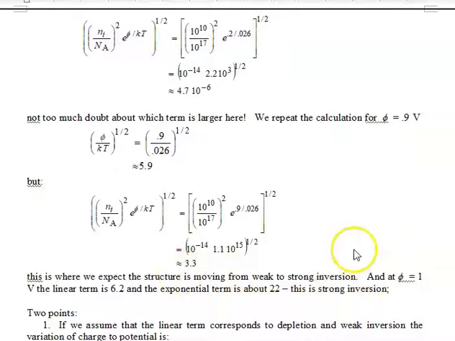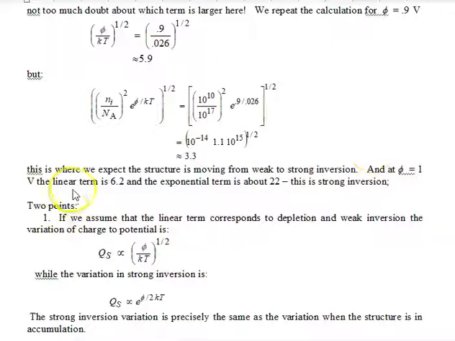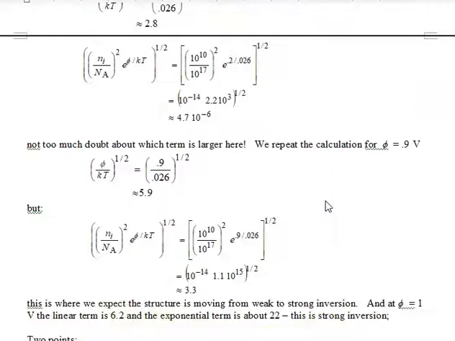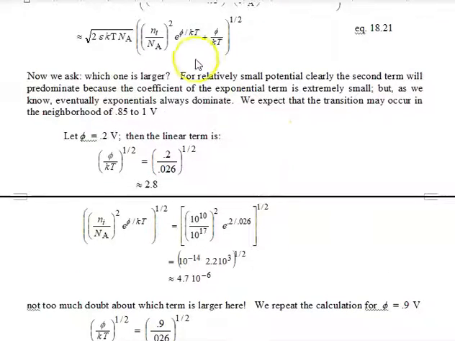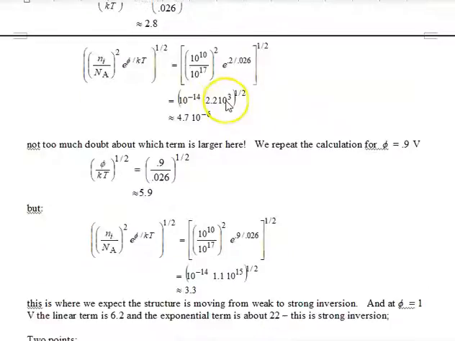And if we go above 0.9 volts for the band bending, then we get a situation where the exponential term at 22 is much greater than the linear term, and this would be what we would consider strong inversion. So we have a complete dominance of the exponential term, despite this incredibly small coefficient.